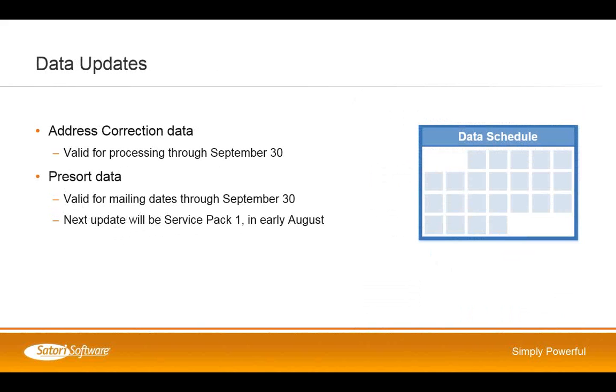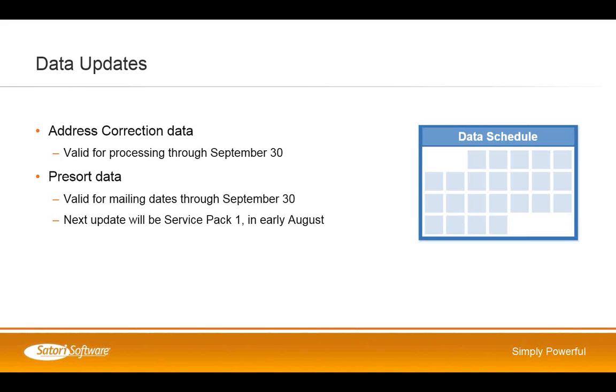So that's that part. We do want to talk a little bit about the data updates. With every single release of Bulk Mailer, we do update the data that's being processed on the back end. We update the address correction data, and for our August release, that data is going to be valid through the end of September. Then also for the pre-sort data, so this is going to be your labeling lists, the mail direction file, all the stuff that drives which pieces go into which containers, is all going to be valid for mailings through September 30th as well.